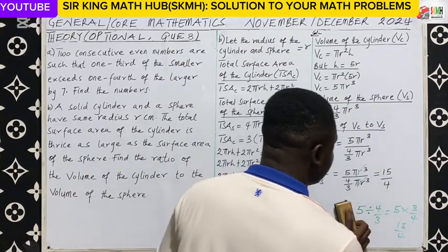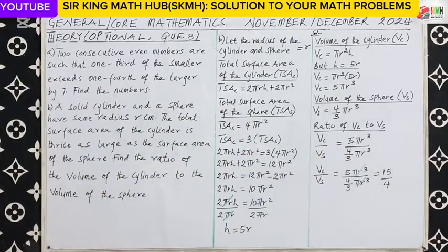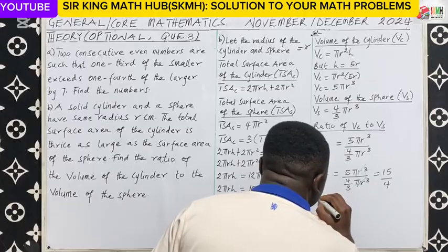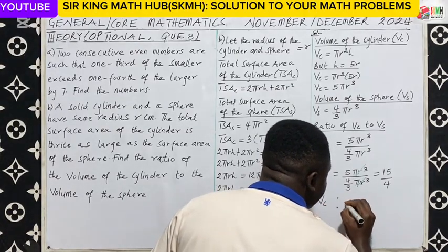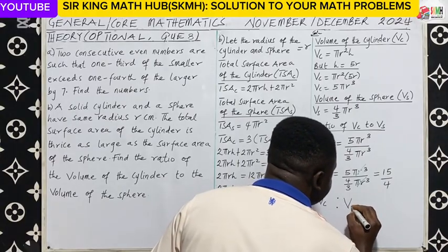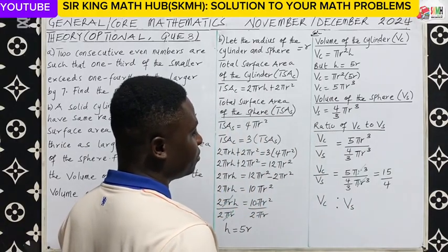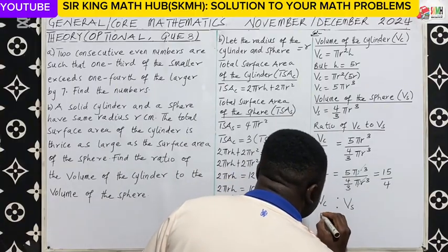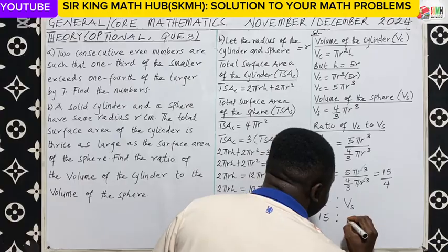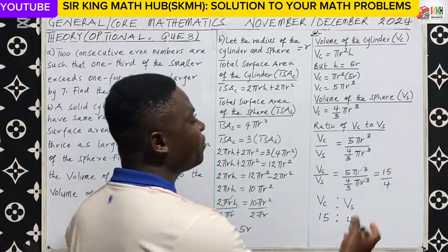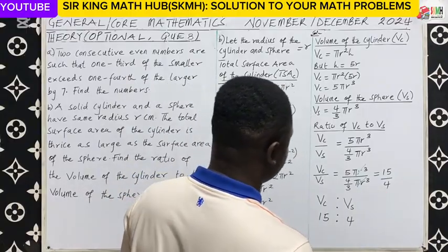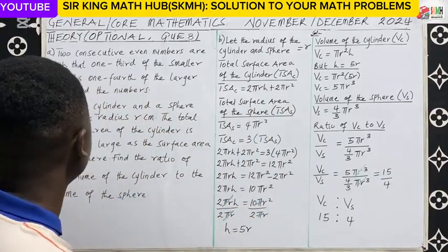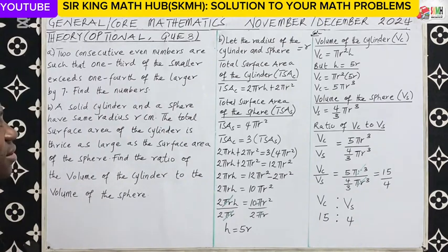So the ratio of the volume of the cylinder to the volume of the sphere, that is 15 is to 4. 15 over 4 is the same as 15 is to 4. So that is it for question 8b.